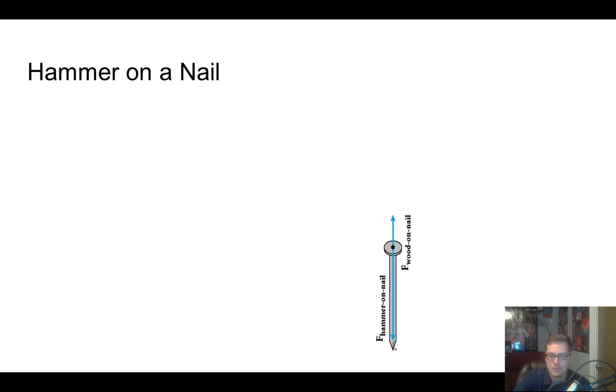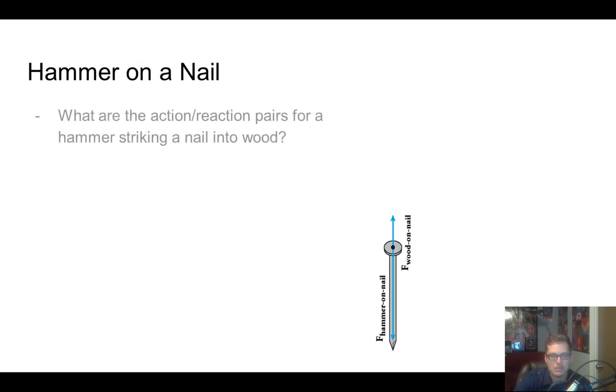Okay, hammer on a nail. Let's think about the situation where we've got a hammer striking a nail in wood. Let's ignore this nail for a second, and I'm going to draw our own situation here. There's our nail, there's our wood, and then we're going to draw our hammer.